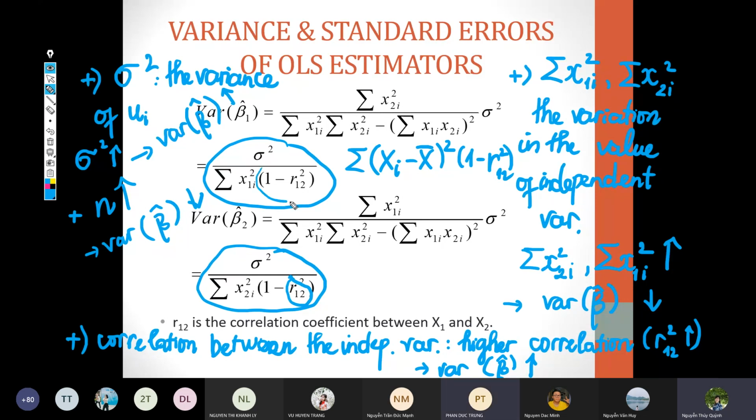This one is a constant. For a sample, the correlation between x1 and x2 is a constant number, right? So 1 minus R12 square here is also a constant. You can put it here or you can put it before the sum, it is also okay. Okay, thank you.